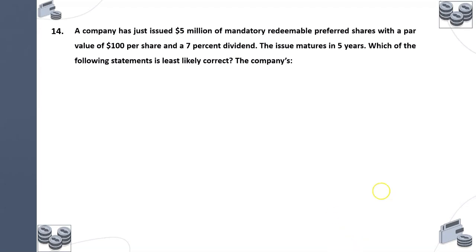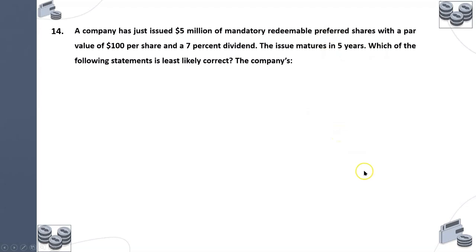As per US GAAP, such a transaction will be recorded as a liability and not equity, because although it is preferred shares and used to be part of equity, since it is mandatory redeemable, the company has a present obligation to repay this amount to the preferred shareholders.